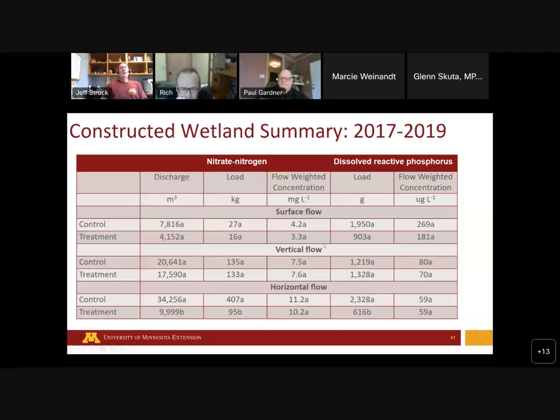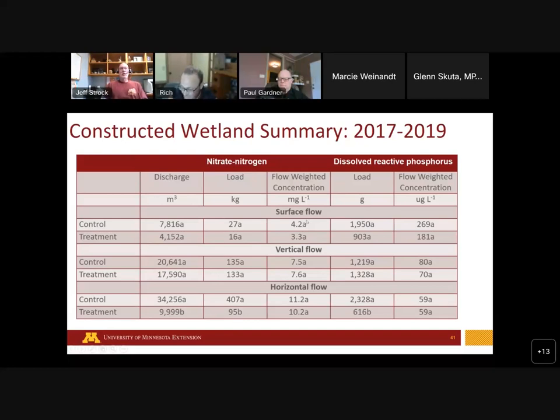What is really quite interesting is the concentration data for phosphorus and nitrogen. The surface flow actually has the lowest flow weighted nitrate concentrations coming out of it. It increases slightly with the vertical flow system, and the horizontal flow system has the highest concentration. And this is really indicative of the length of time that water is stored in these systems.